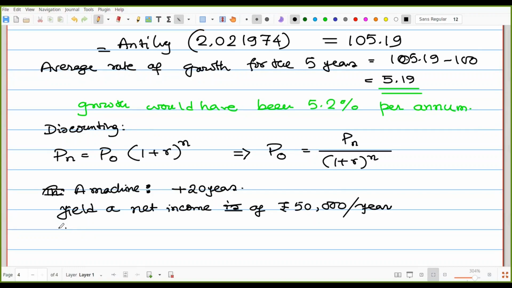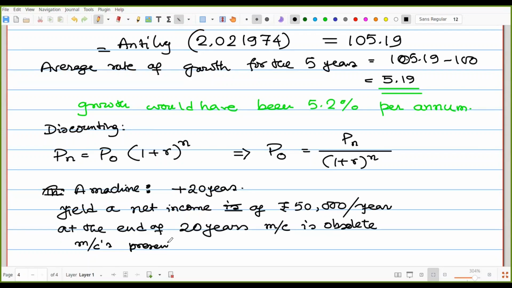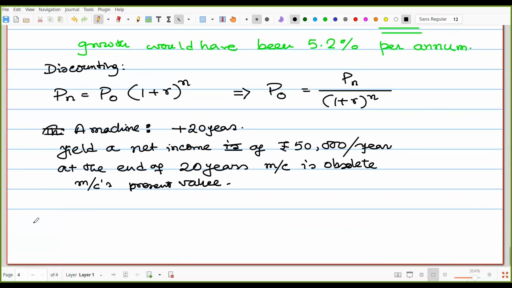The question is like that: at the end of 20 years, the machine would be obsolete. So what is the machine's present value? That is using the discounting.